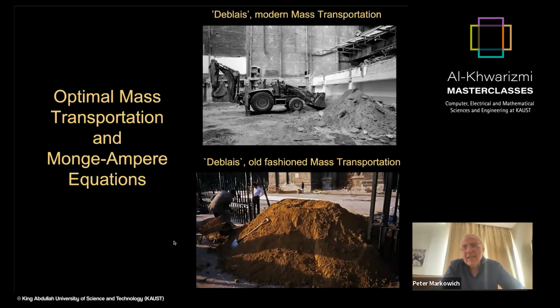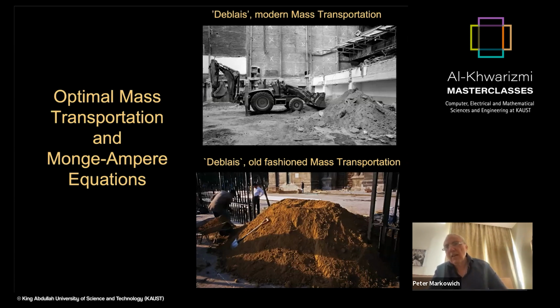Optimal mass transportation is something that I really like a lot. I have not much time to speak about it. The interesting thing is it was basically initiated by a French civil engineer, Gaspard Monge, who had to transport construction material from the place where it was located to the construction site.